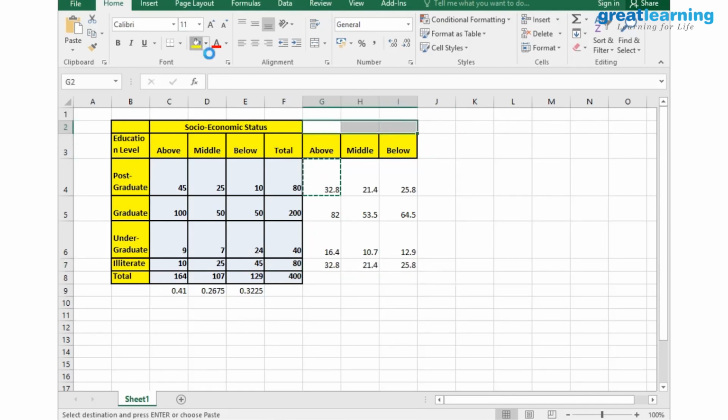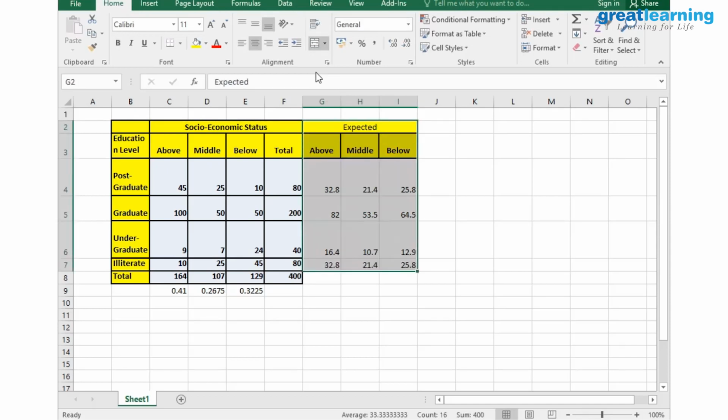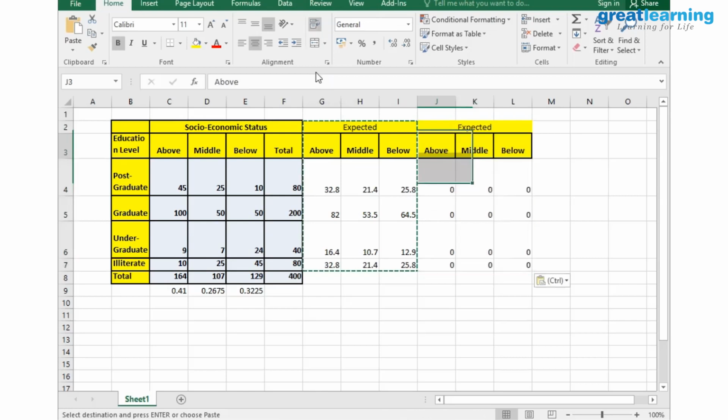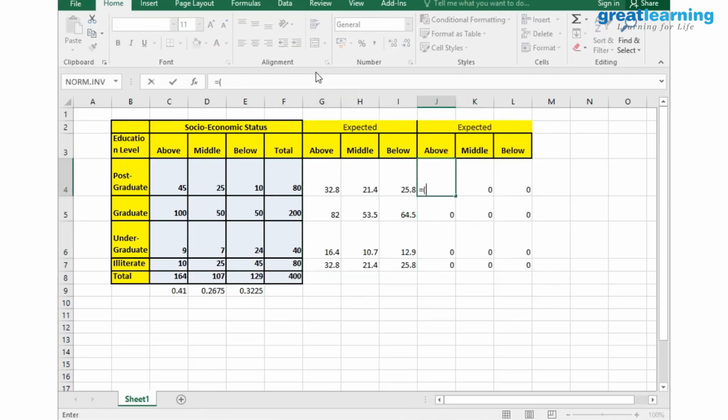So now let me put the header, merge, let me say it is expected. What is chi-square? Again, you have to simply copy, create the same structure, and then say equal to observed minus expected, the whole squared.